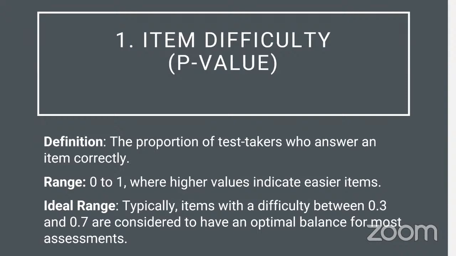Particularly in the case of the academic achievement test, initially you have to study the item difficulty of the test. That is the proportion of test takers who answered the item correctly.